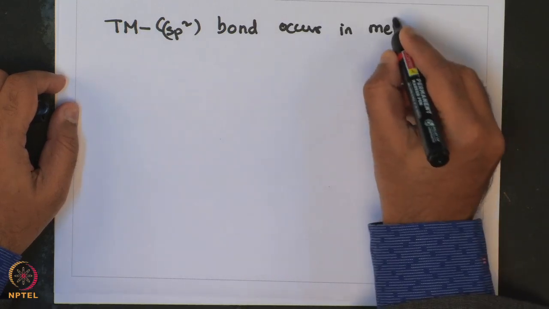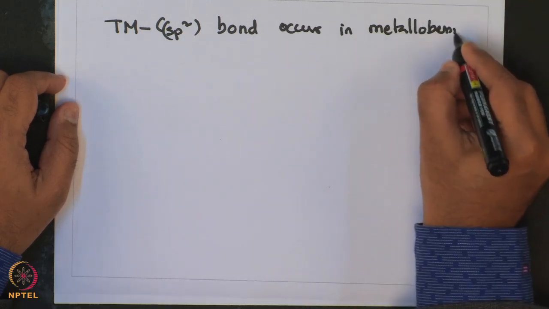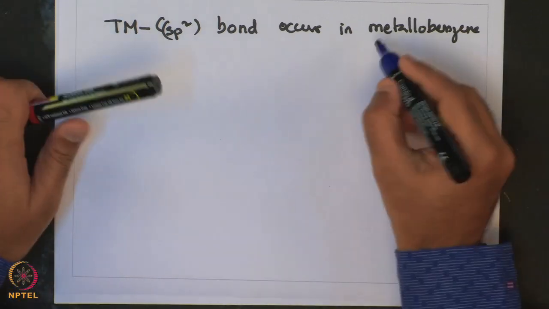In metallo benzenes, the metal is part of a benzene ring.